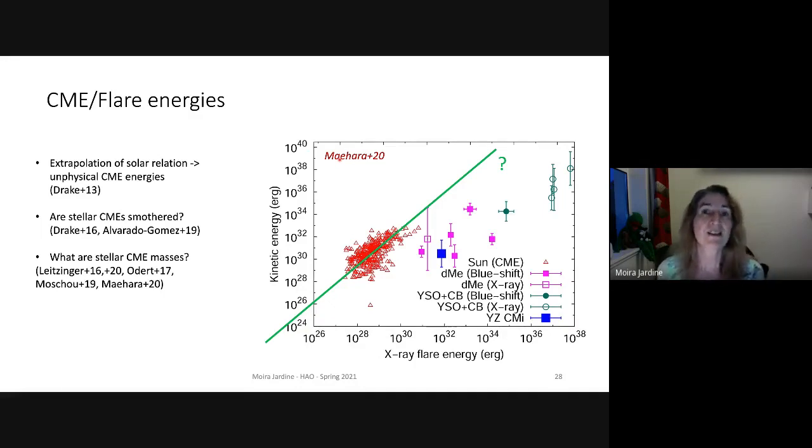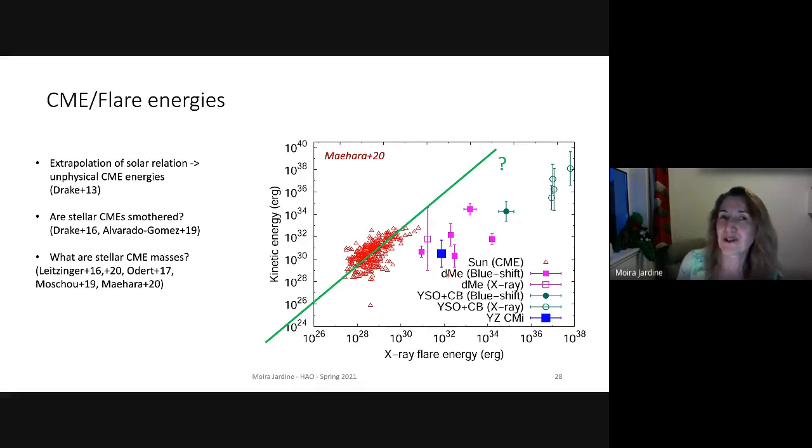So they suggested that it must be the case that this relationship that's so well defined for the sun does not extend to other stars. And indeed, these more recent measurements of CMEs on other stars seem to suggest that other stars do not produce CMEs of a kinetic energy as large as you would expect by looking at the sun.